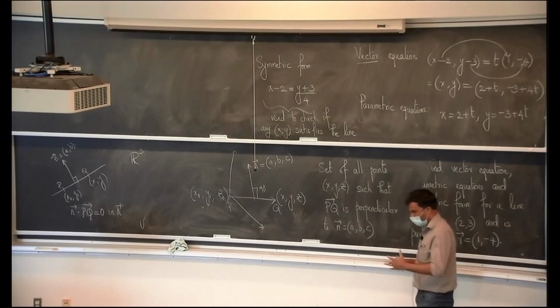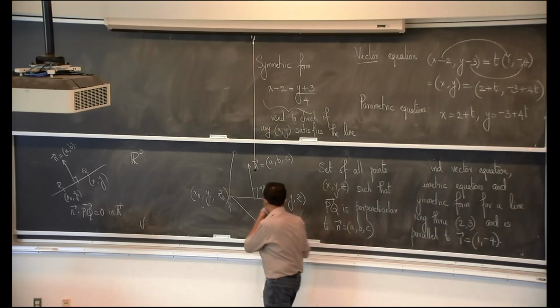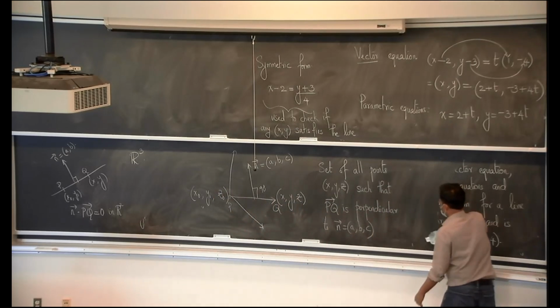It's no longer a line because you can walk around it. It generates a plane in R3.